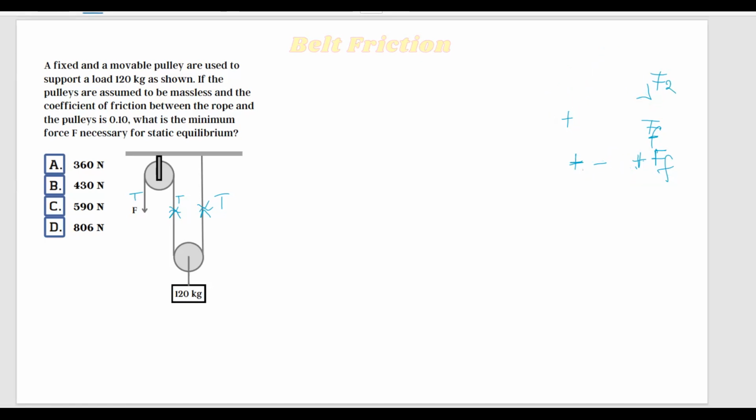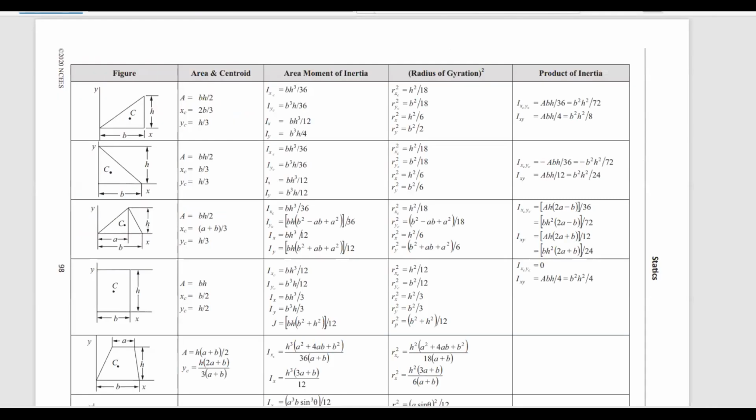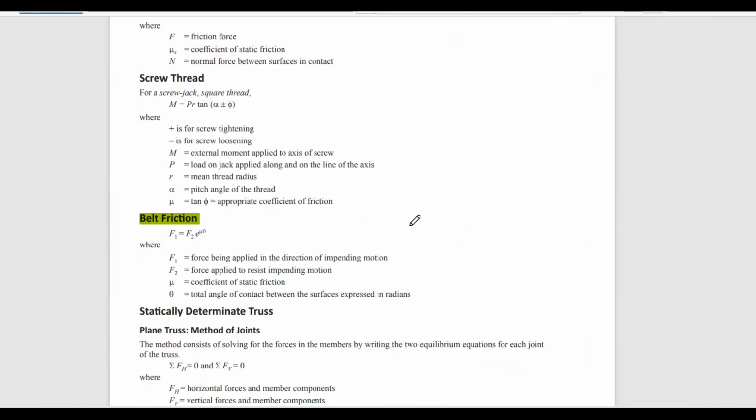Okay, let's delete this. And let's look in the FE handbook for the belt friction formula. So, right, belt friction, because you're given some formula in the FE handbook on belt friction. There you go.